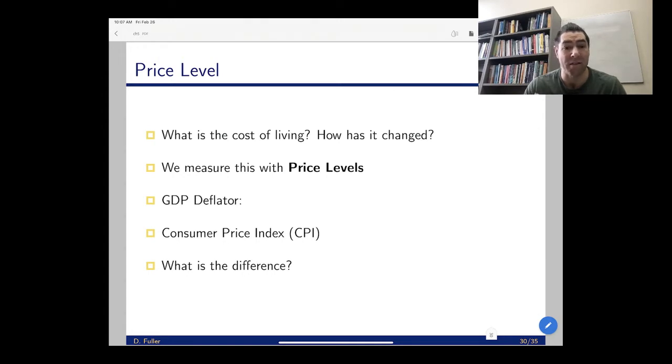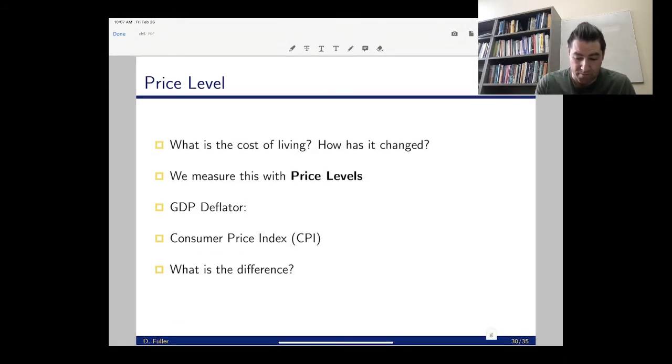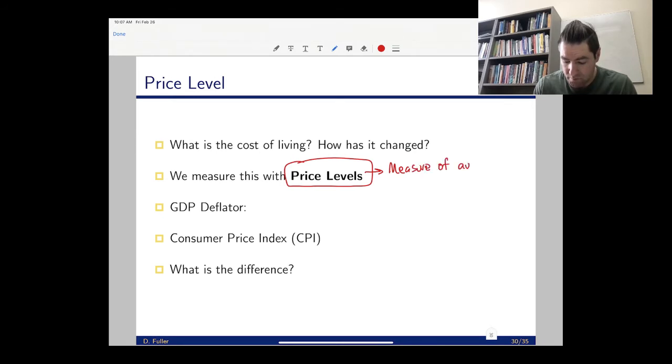And that depends on the price level or the cost of living. So we're going to measure the cost of living with a concept that we call the price level. If I describe the price level, it would really just be a measure of average prices, or the cost of living.